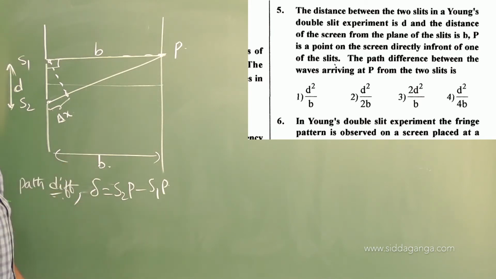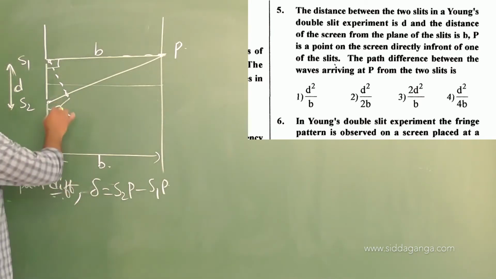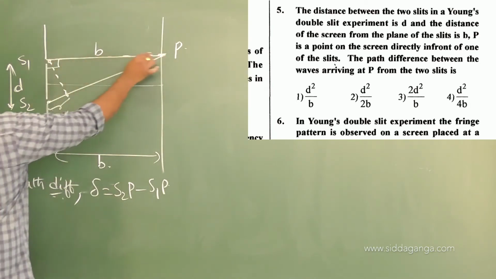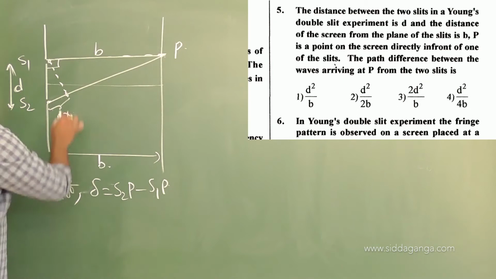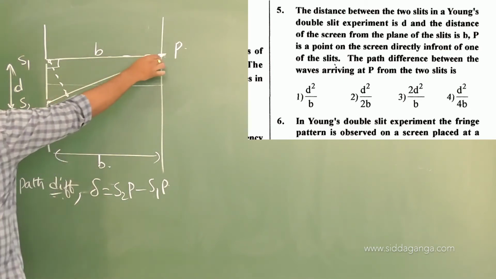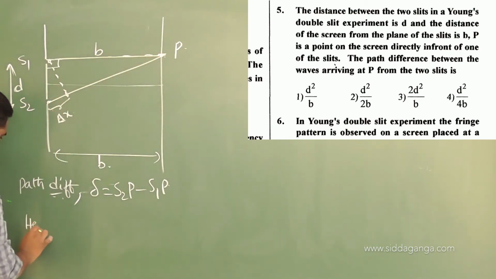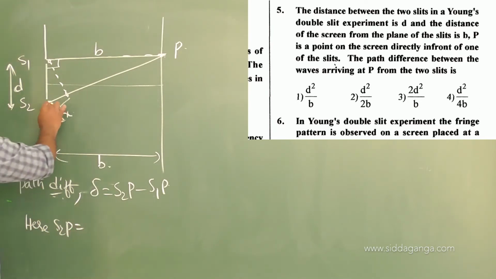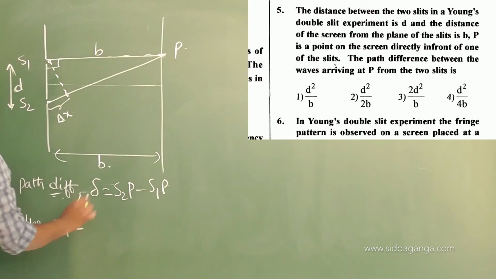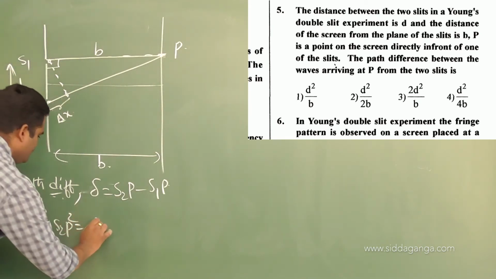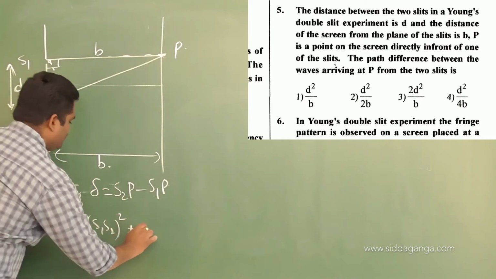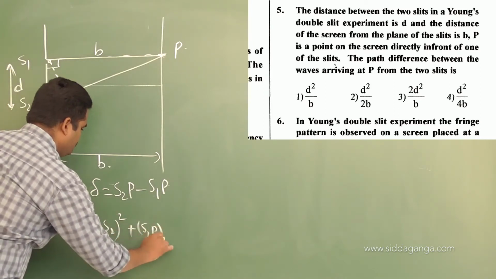A small geometry we have to consider. So here, in this right triangle, S1P and S2, from this S2P is the hypotenuse. Hypotenuse square will be equal to S1S2 square plus S1P square.